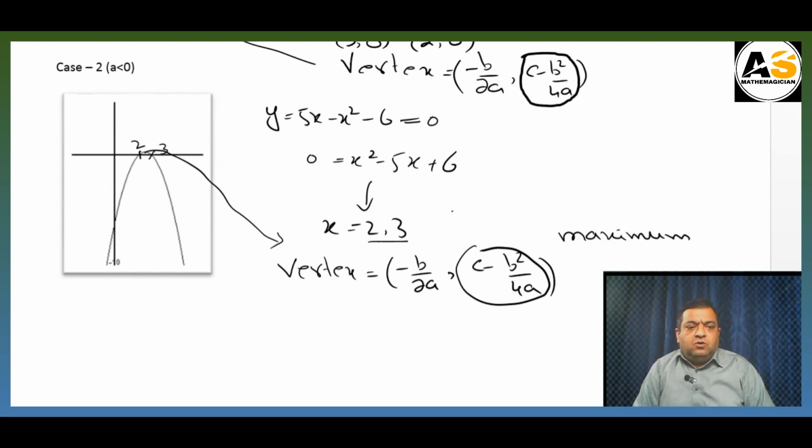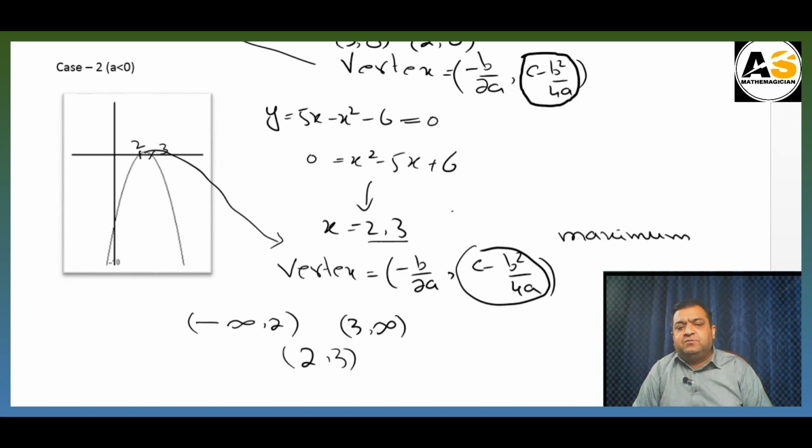Also you can see that from minus infinity to the first root 2, and then from 3 to infinity, y is negative. This is below the x-axis, but between the roots the value of y is positive. So 5x - x² - 6 will be positive between these two roots and negative beyond these roots.